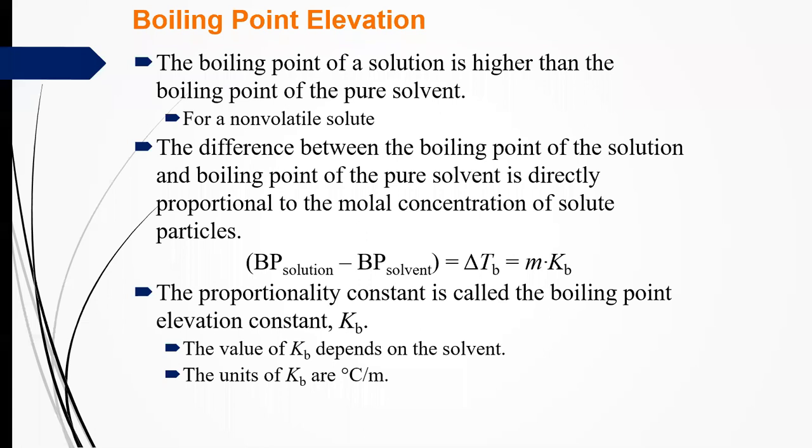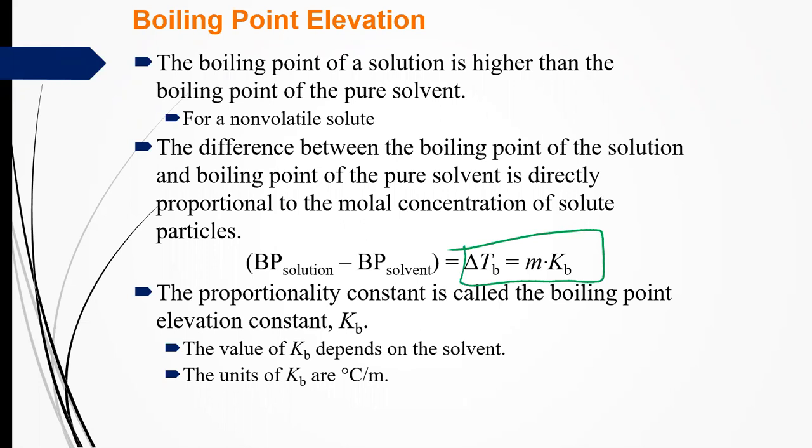On the other side of things, our boiling point elevation, because we have a lower vapor pressure for all of our solutions compared to our solvents, and that's because we put that non-volatile solute in there, then our boiling point becomes higher. Now, boiling point elevation is pretty much the same formula as our freezing point one.